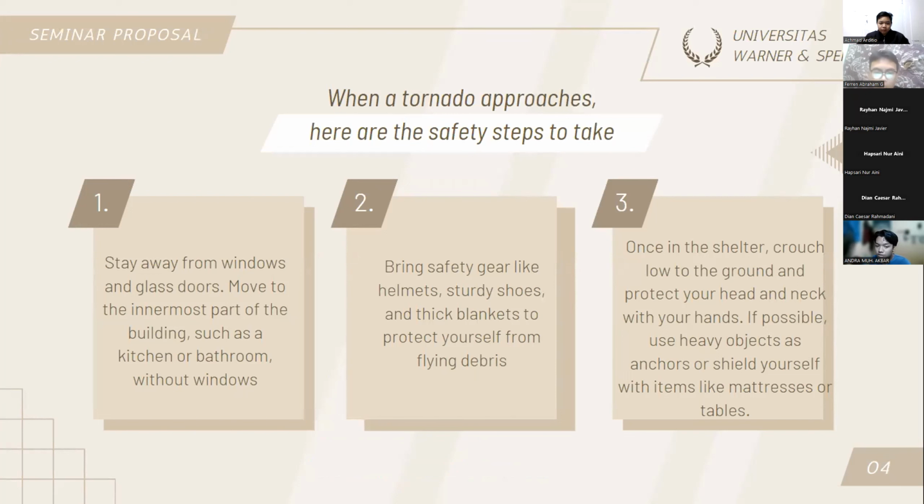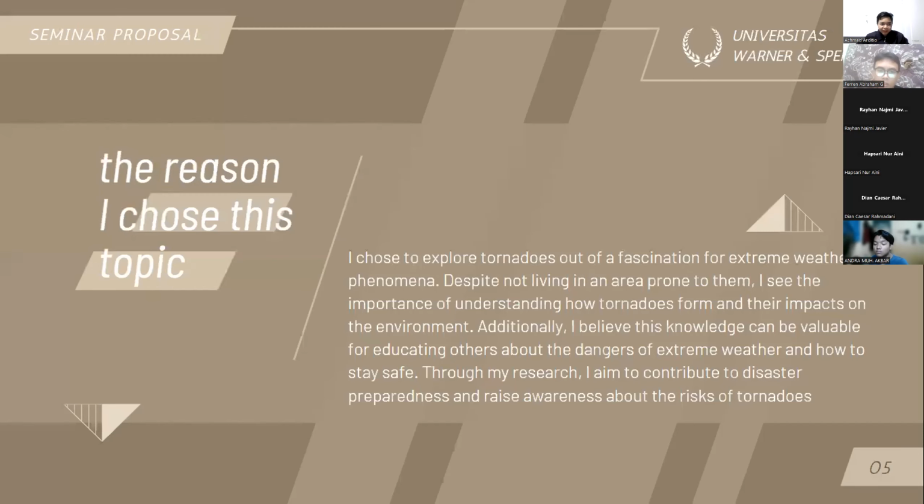Secondly, bring safety gear like helmets, sturdy shoes, and thick blankets to protect yourself from flying debris. And the last one is, once in the shelter, crouch low to the ground and protect your head and neck with your hands. If possible, use a heavy object as an anchor or shield yourself with items like a mattress or tables.